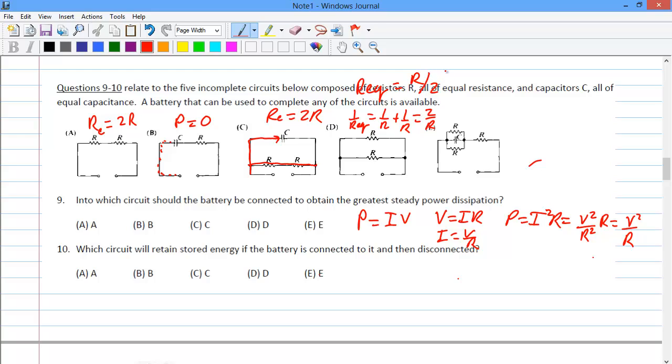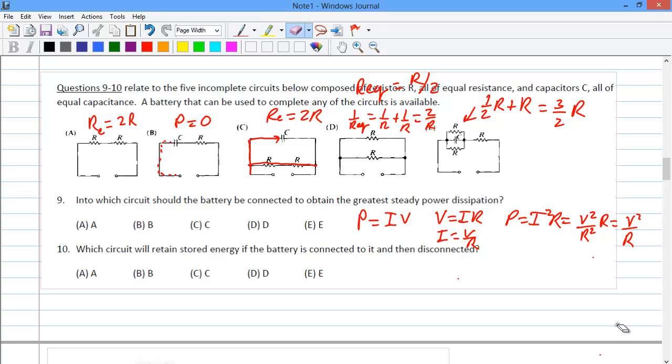So that one's going to have less resistance than either A or C. The next one is going to give us current, and after a while it's not going to go through the capacitor, and it's just going to go through the two parallel resistors, which we already figured out is just 1/2 R. And then it's going to add to the second R, which is just R, and so we'll get 3/2 R.